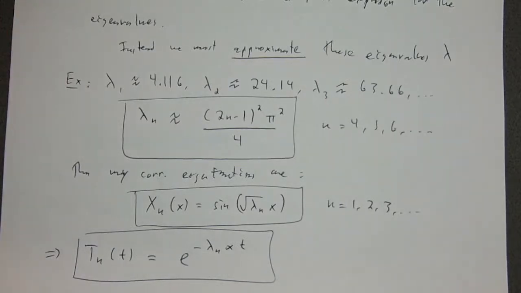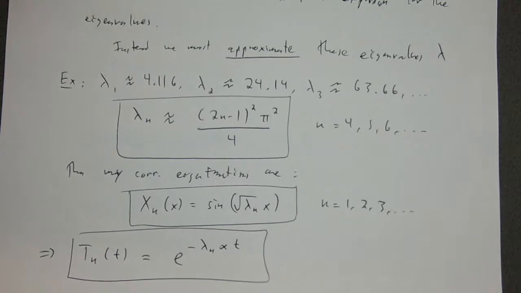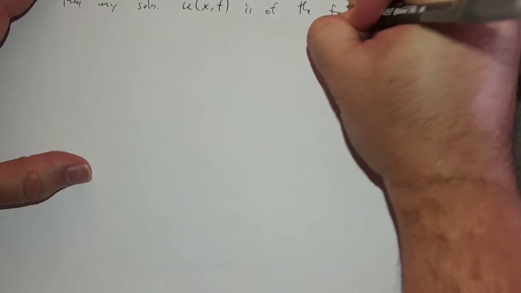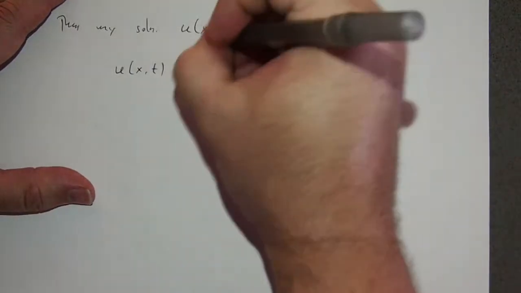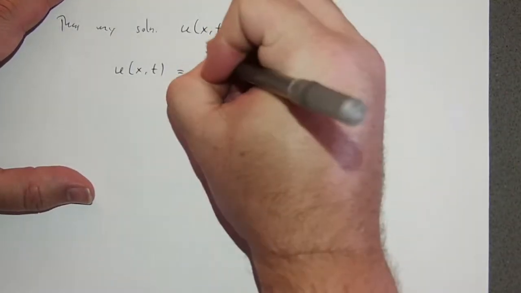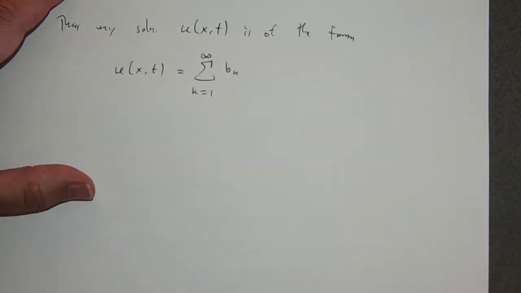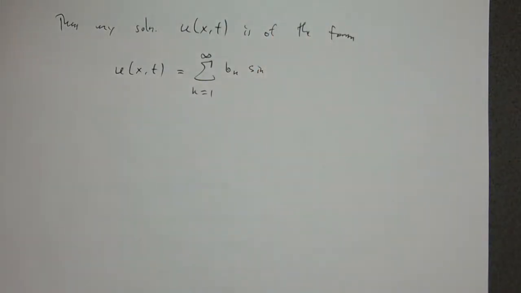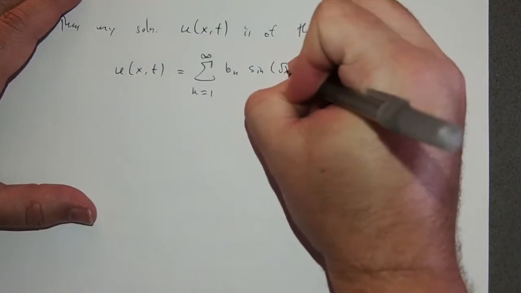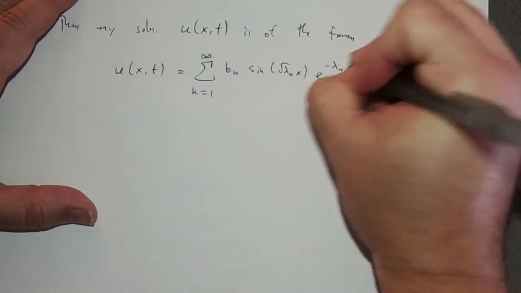Okay. So then my solution is of the form, thus, my solution u of x,t is of the form u of x,t is the sum from 1 to infinity of some coefficients b sub n times sine of square root of lambda n x e to the minus lambda n alpha t.